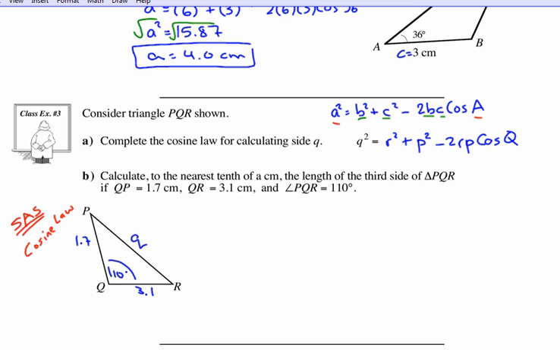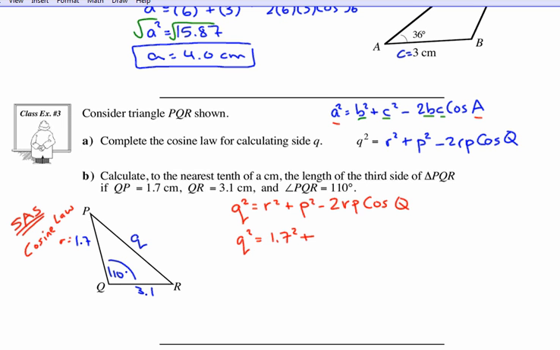So we already made our formula above, which is q squared equals r squared plus p squared minus 2rp cos of q.